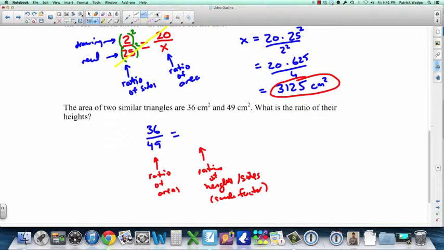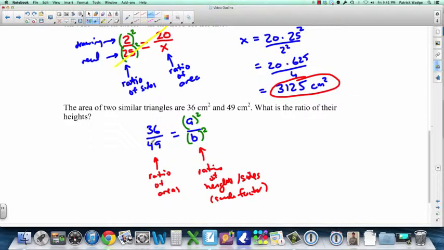So how are we going to figure out what the scale factor is, or the ratio of heights? Well, you could think of it as being like A to B, right? So is it going to be the same? Is it going to be 36 over 49? No, it's not. Why not? Because what we learned is the relationship between the ratio of heights, or sides, I guess, the ratio of sides and the ratio of areas is you need to square these ones in order to make it equal to the ratio of areas.